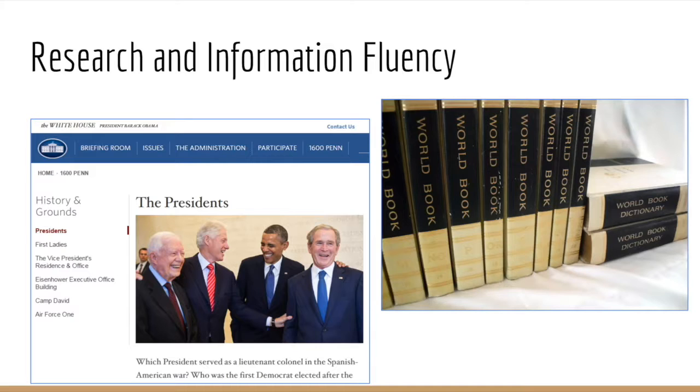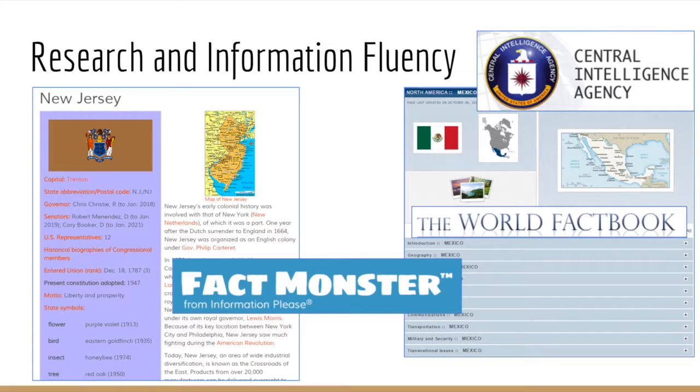If they're researching presidents, the White House has some great ways to look at the presidents. Or Fact Monster, or the CIA World Fact Book. They can help you find content that you could send your kids to just a single web page, rather than saying to the kids, go search everything, right?